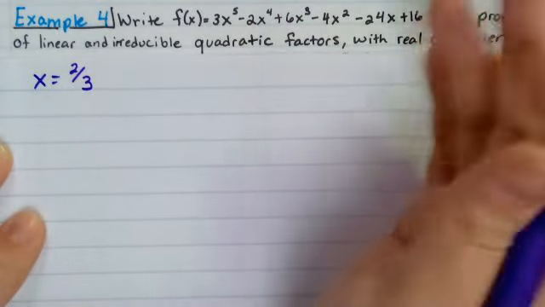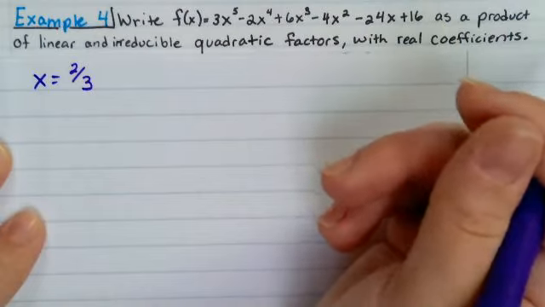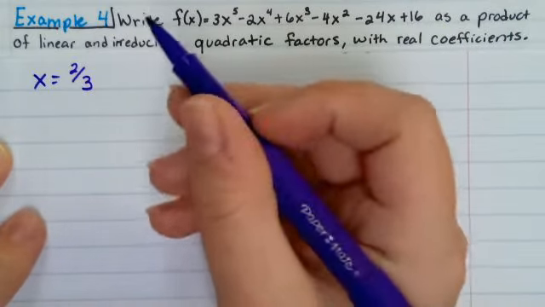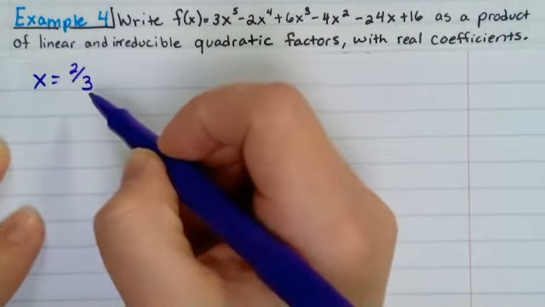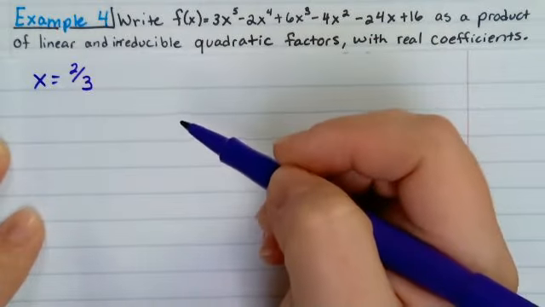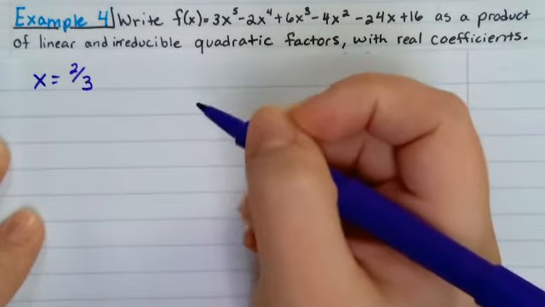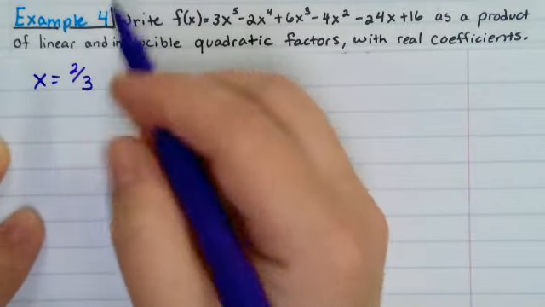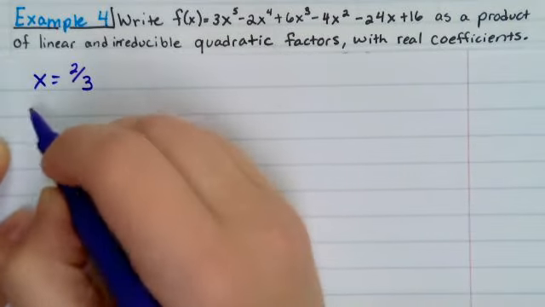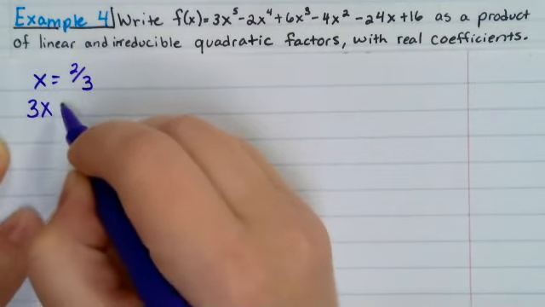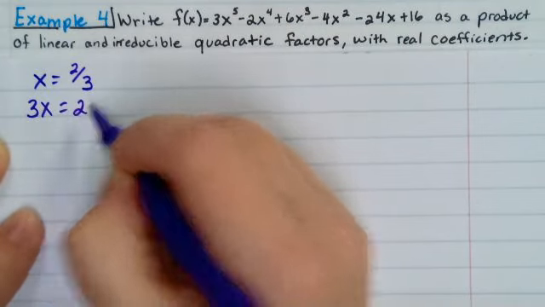That's usually how we like to see factors if possible. We like to see them without a fraction. And also without a decimal. So don't think that because I said without a fraction that a decimal would be a better choice. It's not. Okay. So I'm going to start by multiplying both sides by 3. That would give me 3x equals 2.